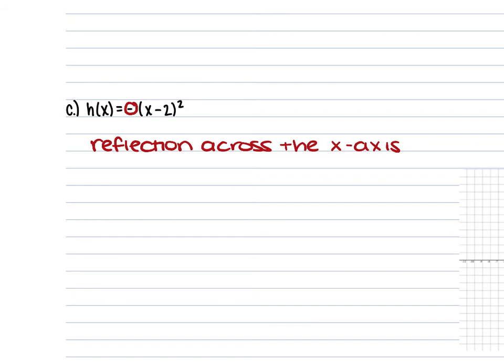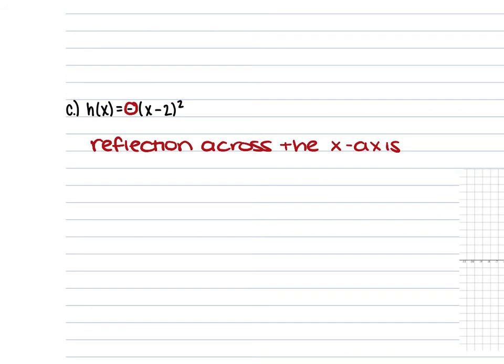If the negative is in front of the so-called coefficient, or the number that you're multiplying to the parentheses, it's a reflection across the x-axis. You will also have reflections across your y-axis if you have a negative coefficient of x inside the parentheses. So if that negative was inside the parentheses in front of the x, it would be a reflection across your y-axis.